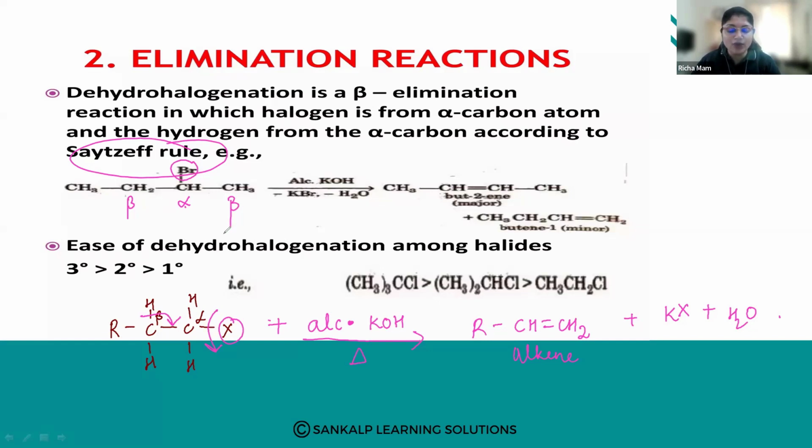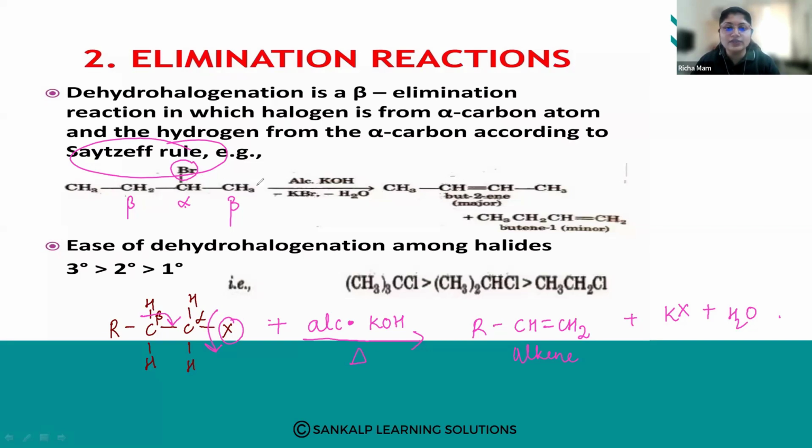It can eliminate a molecule of hydrogen halide, and the hydrogen will be removed so as to give the highly substituted alkene.